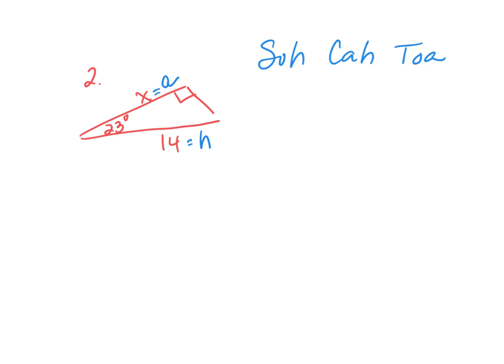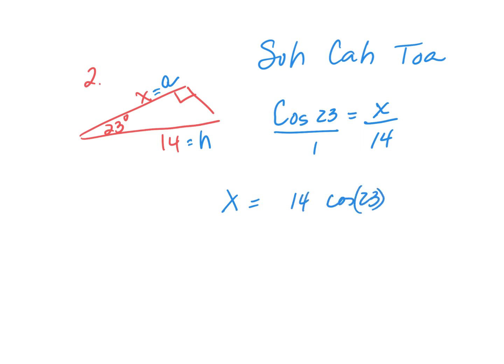Yes. So we're using the A and the H. So it's going to be cosine of the angle equals A over H. And this would be x equals 14 cosine of 23. Make sure that 23 is alone. Like, don't put the 14 after the 23 or you're going to get the wrong answer.